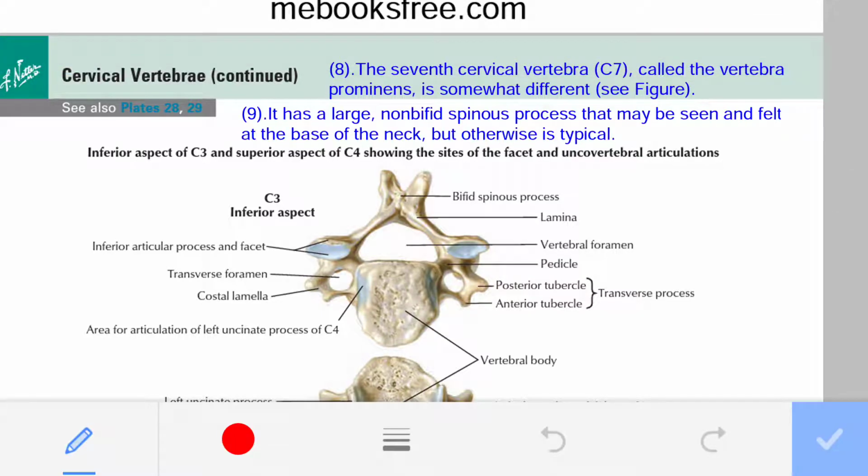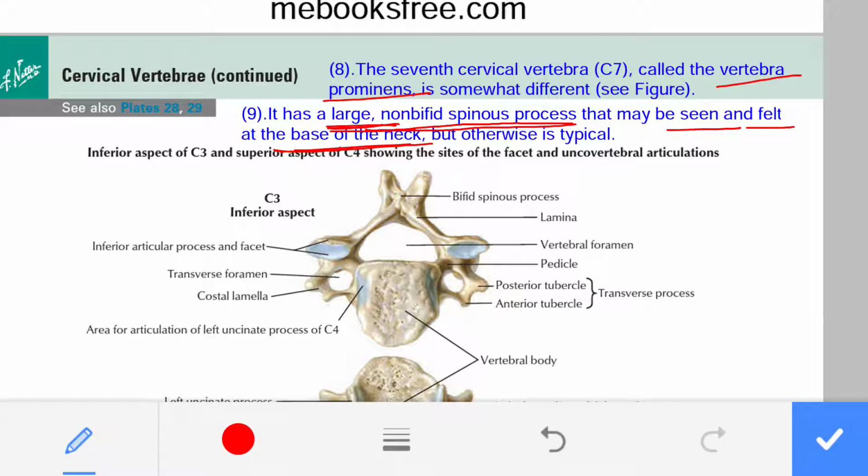This vertebra has a large non-bifid spinous process, and that spinous process may be seen and felt at the base of the neck.